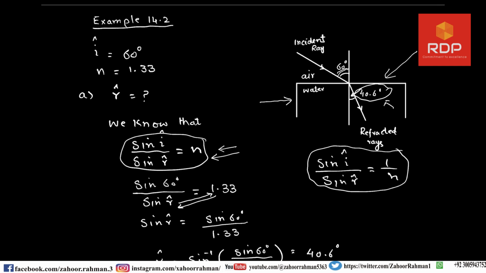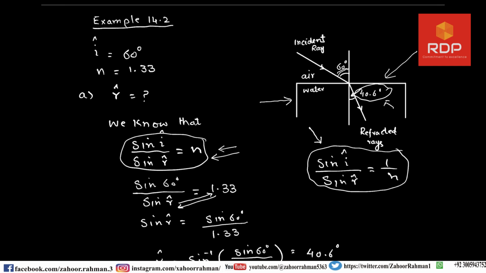I told you that you have to use this formula when the light ray is emerging out from the denser medium to the less dense medium, in this case air. So then you have to use this formula.